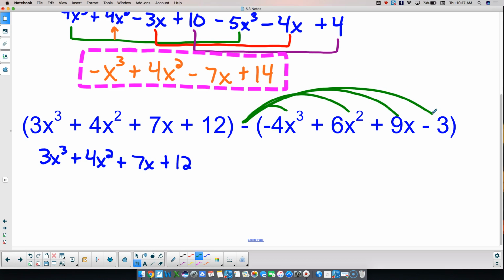I'm 43 years old. I still draw my swooshes. So then this becomes plus 4x cubed minus 6x squared minus 9x plus 3.